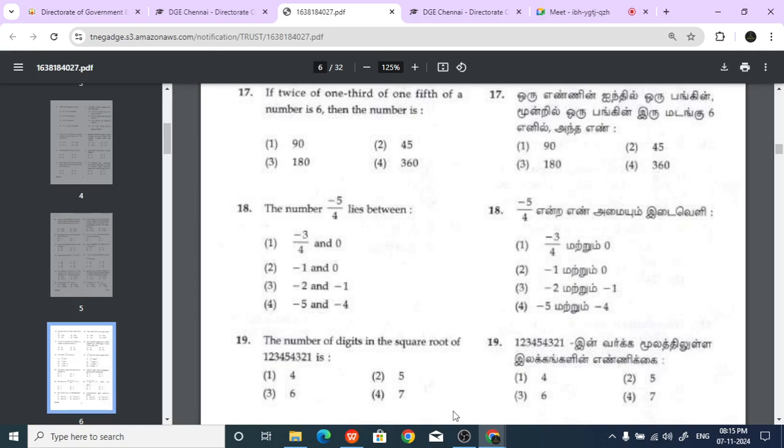Okay, one last question we will do. Question number 18. The number minus 5 by 4 lies between. Let us see. I think you can do it, but you should do it without mistake.